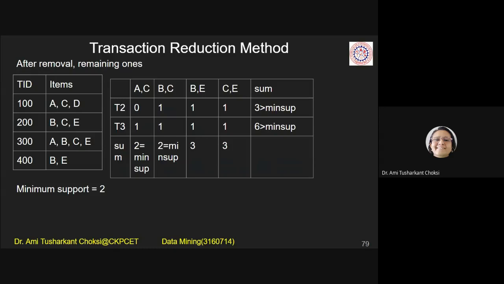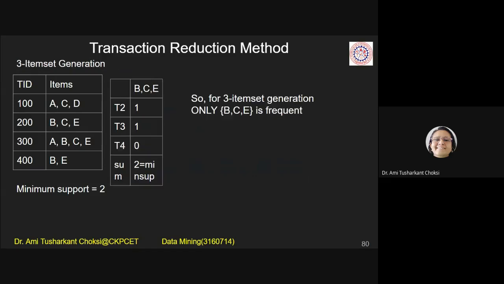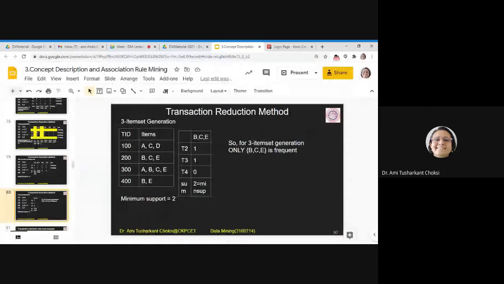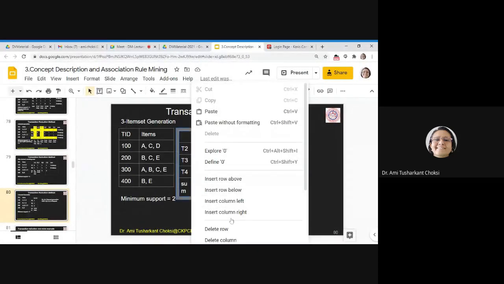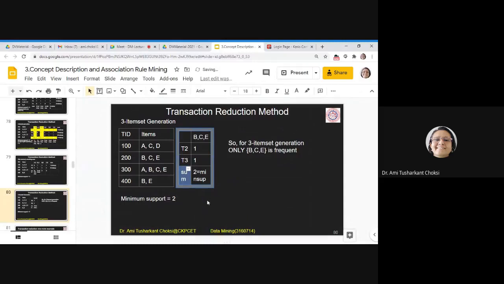So I should consider in the next level when it is not crossing the transaction reduction methods condition, then T1 and T4 we have already removed, right? So we should not consider them. Here also T4 we should not consider, because we are only having T2 and T3, right? Okay, so that's what we have put here.